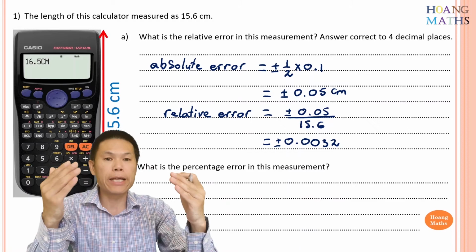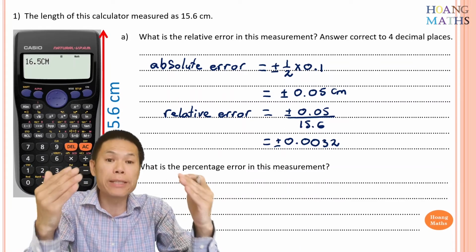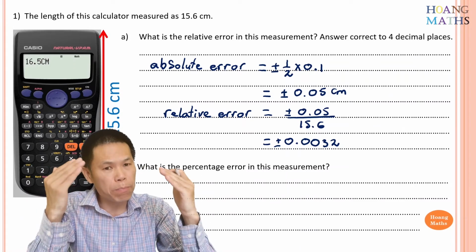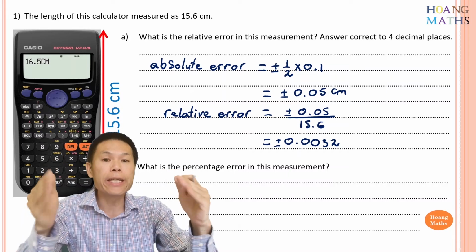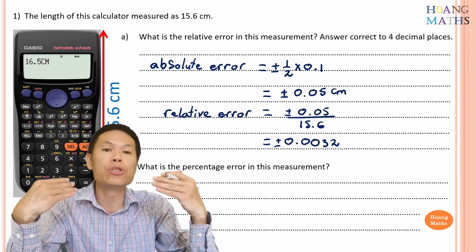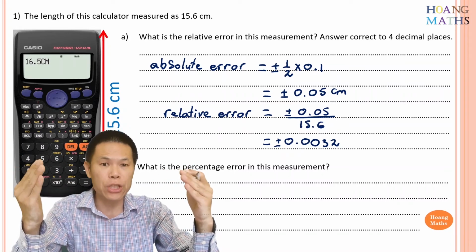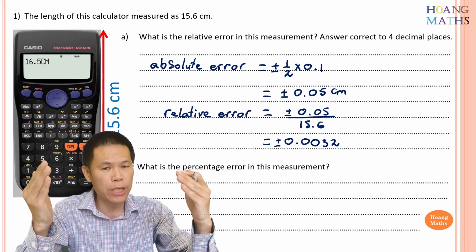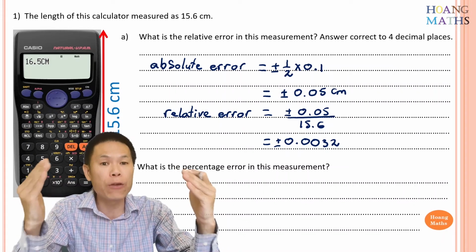Now the second part. To work out the percentage error, we know that the percentage error is the relative error converted into a percentage. That's all. When we convert to percentage, we times by 100%.